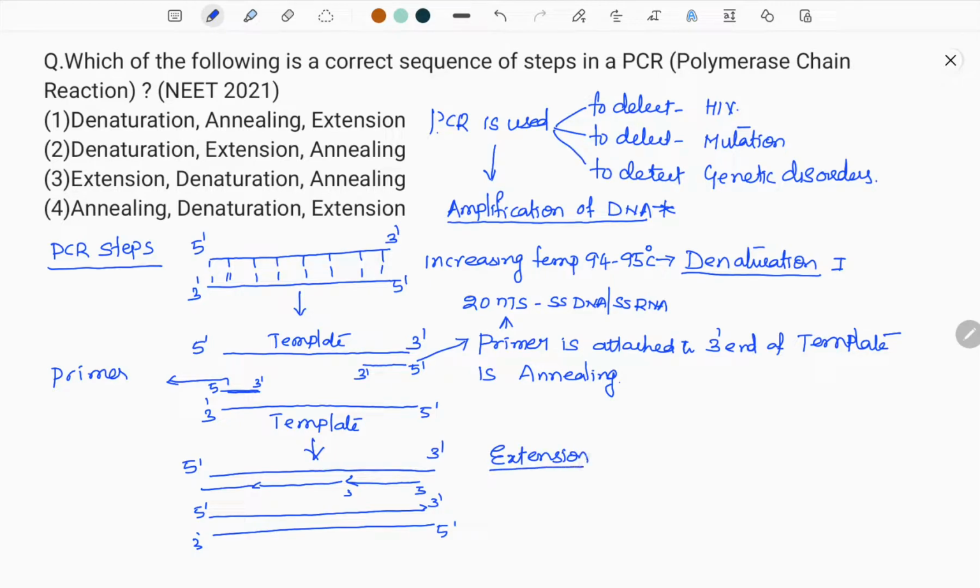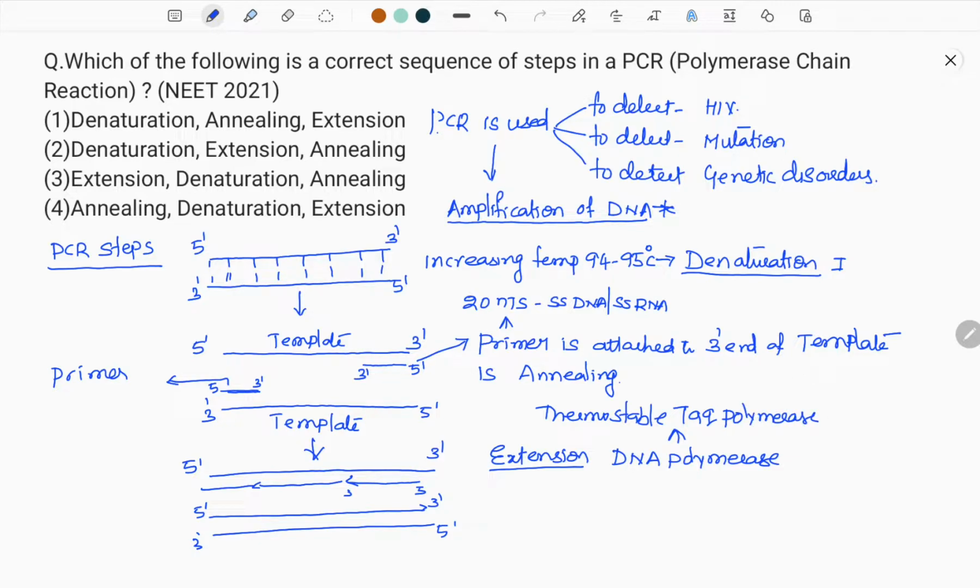So in this extension, a DNA polymerase which is thermostable is used. Thermostable means it can sustain high temperature, like 94 degrees Celsius also it can sustain. This thermostable DNA polymerase is called Taq polymerase.